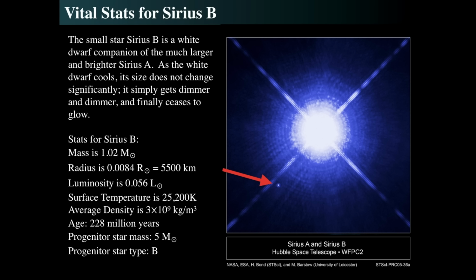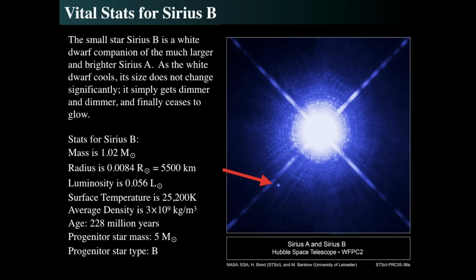And we also can derive an age from Sirius B. It's only about 228 million years old, which means this whole star has lived its entire life in the time frame that it took the dinosaurs to become born as dinosaurs 250 million years ago, until they died out, and then we were born. So basically this star was born at basically the same time the dinosaurs arose on Earth.